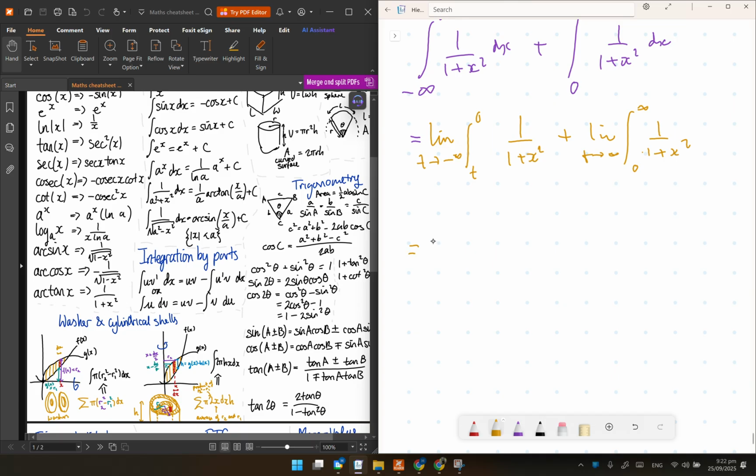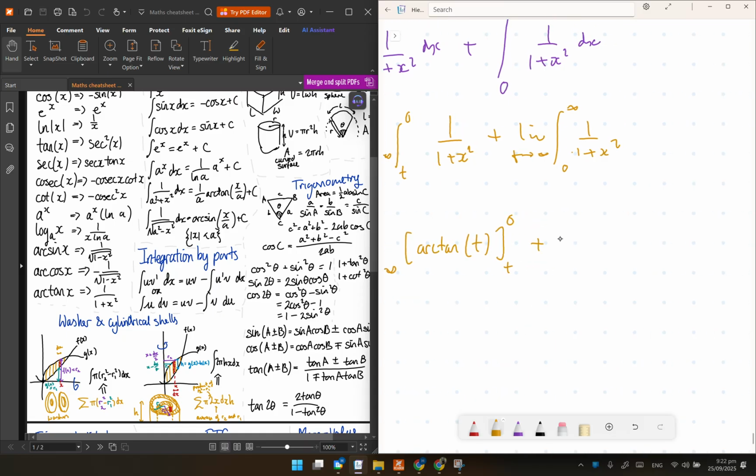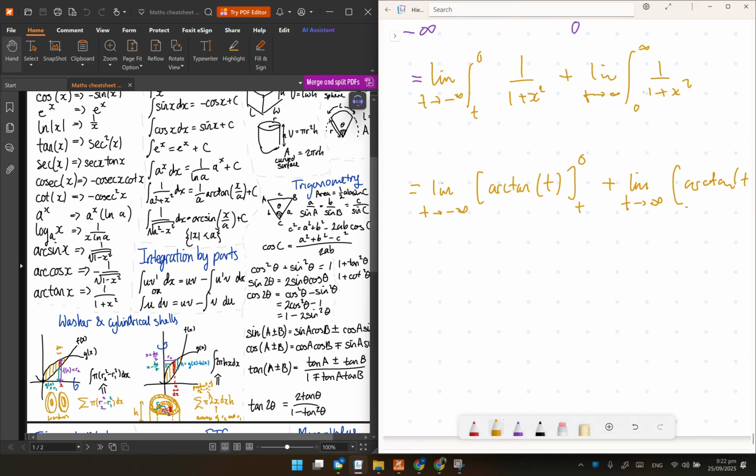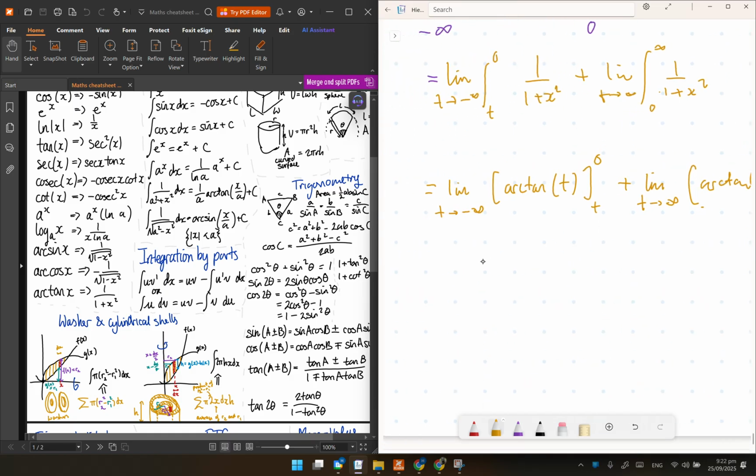So all this equation just simply equals the limit as t goes to negative infinity of arctan t, from t to 0, plus the limit as t goes to positive infinity of arctan t, and that's from 0 to t. Okay, so what this is going to give is arctan 0.